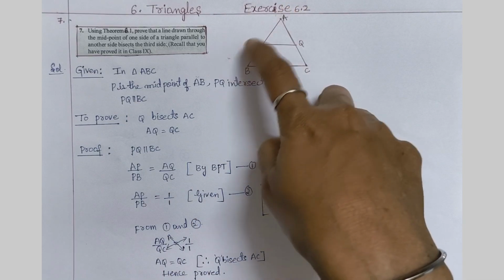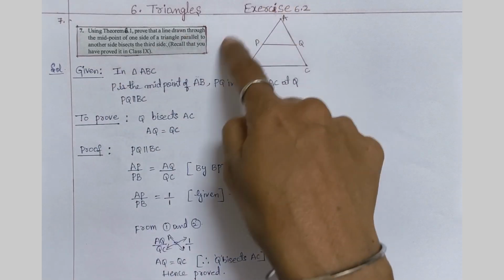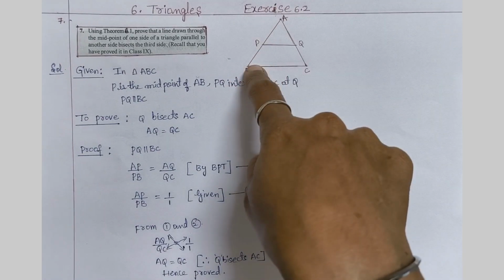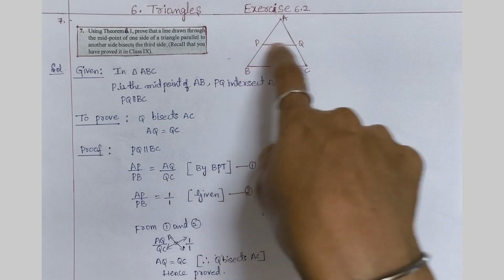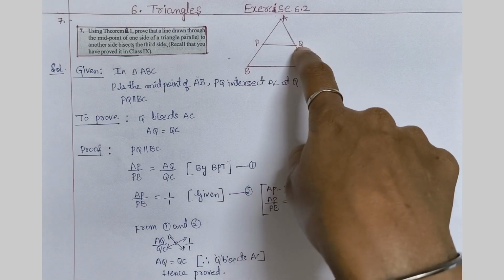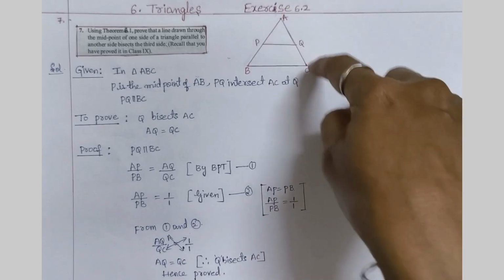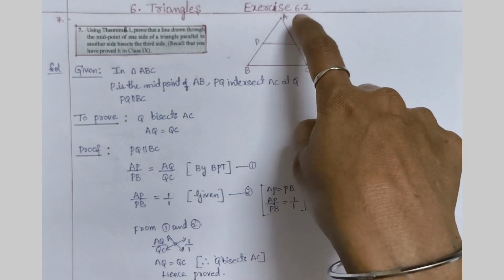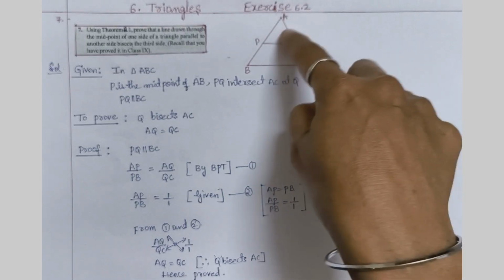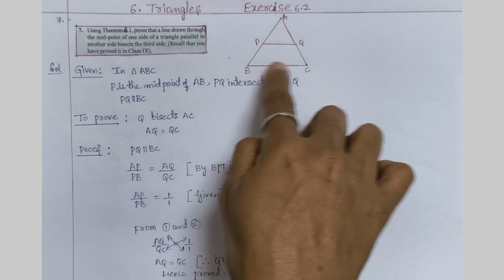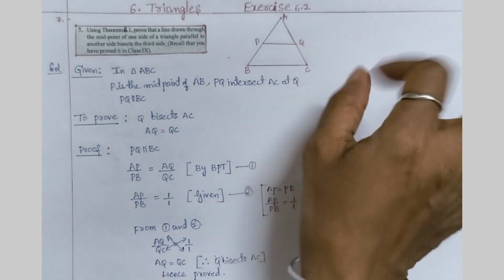Next, PQ intersects AC at Q. This PQ line intersects AC at Q. Again, what is given in the question? PQ is parallel to BC. This is the given.